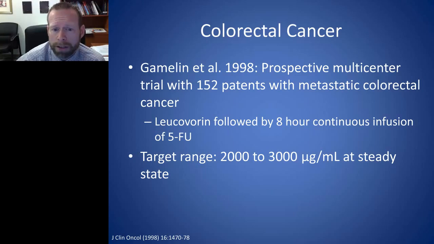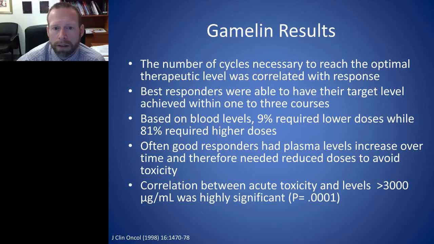The target range in this case was not an area under the curve, but once steady state is reached, they were looking for a blood concentration of between 2,000 and 3,000 micrograms per mil. Having defined their target range, they were able to look at the number of cycles necessary to reach the optimal therapeutic level.